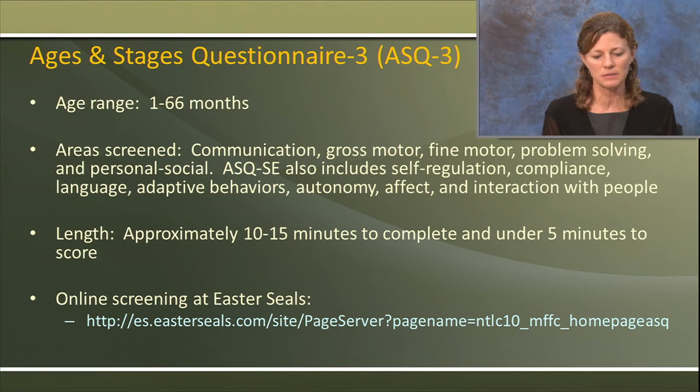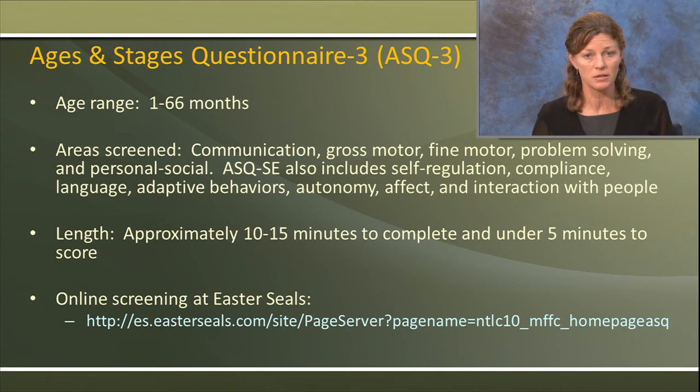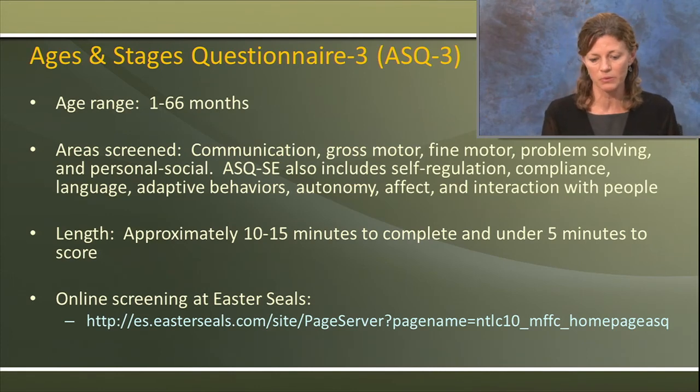One of the nice things about this tool is if you want a hard copy of it, you do have to order it, and there is a cost associated with it. However, there are options online that are free. For example, Easter Seals provides it online for free at the link provided here. You can actually go in, put in just a little bit of information such as the child's date of birth.